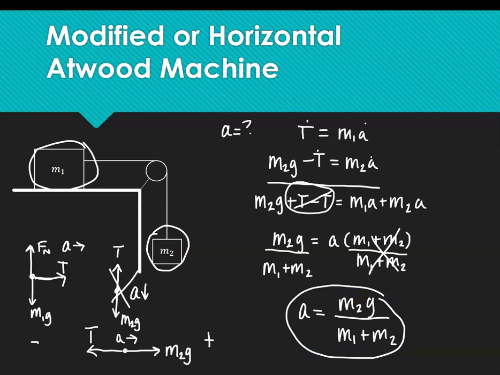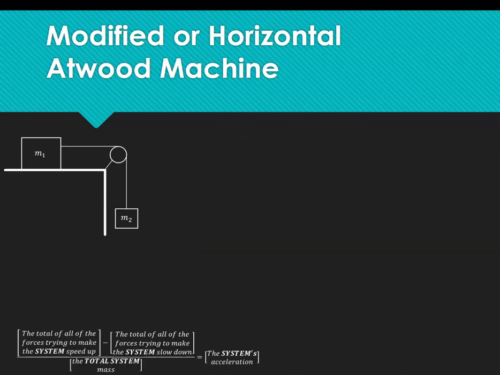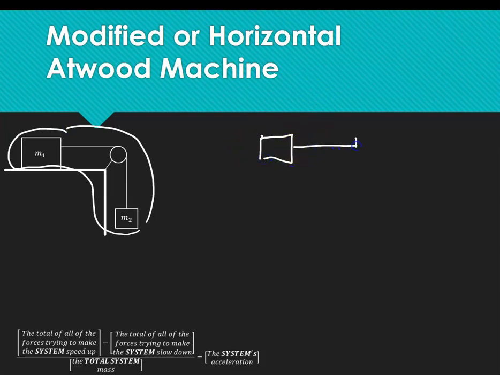But I can do the exact same thing with the system method. So instead of treating these two as objects, again, I treat them as a system. So I circle the whole thing, and I have to line them up, straighten it out. So here's my M1, and here's M2.